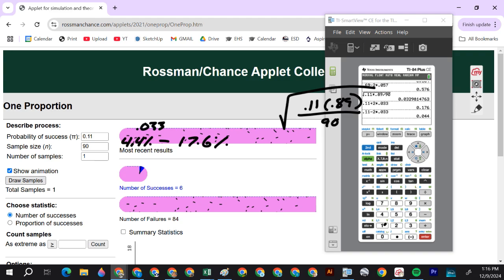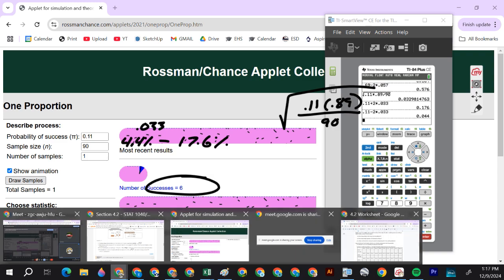What happened? I drew a sample, and right here, I got 6. So I'm going to go back to my worksheet.